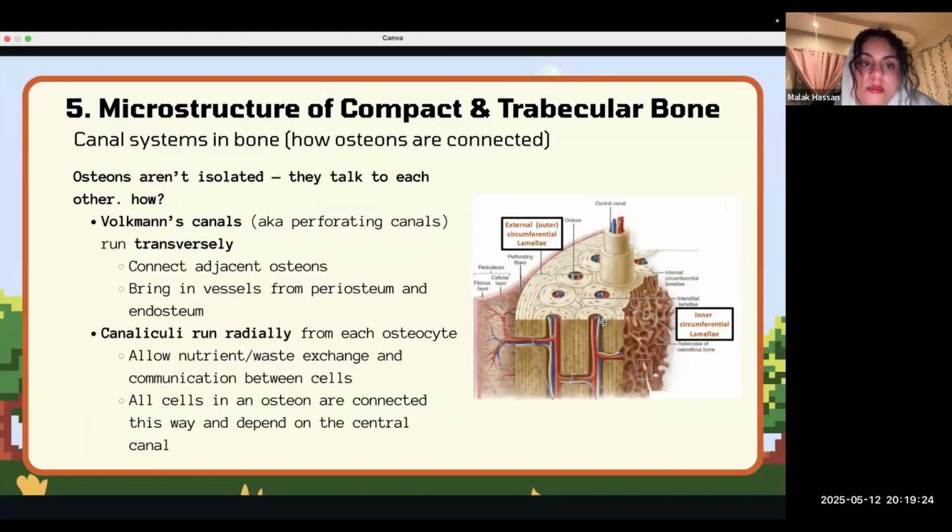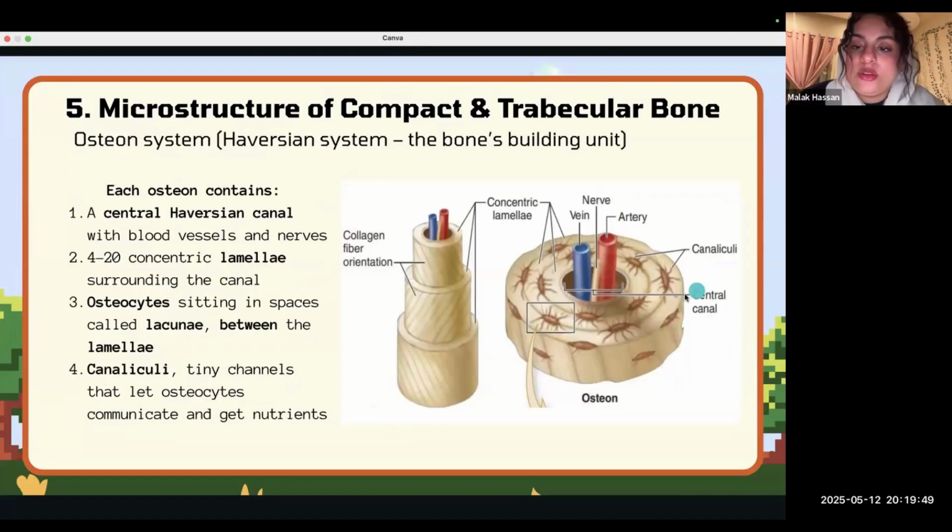Now, you might be thinking, okay, so cool, osteons. What's next? Well, technically, it's important to know that osteons are not isolated. How are they not isolated? They talk to each other through two different channels, basically. They have canaliculi, which we mentioned before.